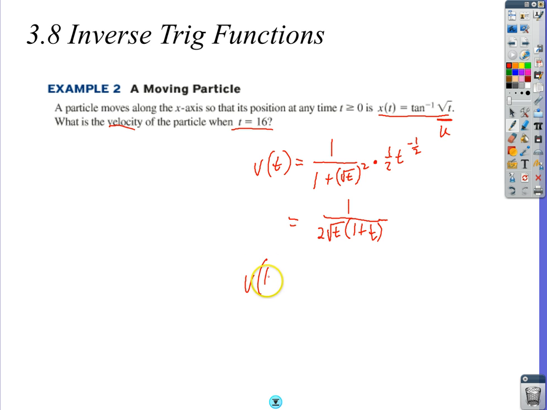So v of 16 is equal to 1 over 2 times the square root of 16 times 17. Woo! Okay, the answer is then 1 over 136. They don't tell me any units for velocity, so I'll leave it at 1 over 136.